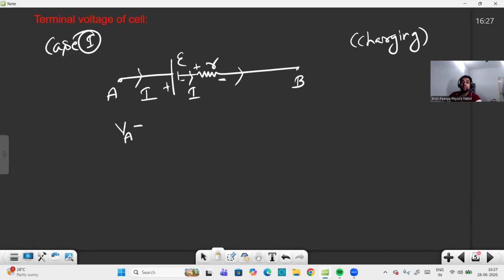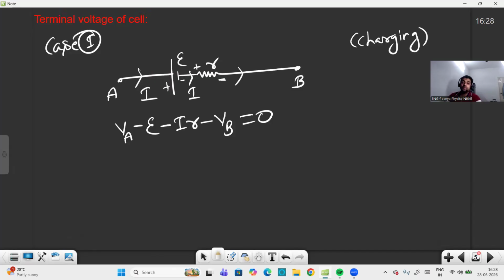Plus to minus, minus E, that is the E drop happening. Then plus to minus again, so minus, and how much drop will happen according to Ohm's law: I into R. So minus I into R. Then finally we write the potential till B, so minus VB equals 0. Between any 2 points in an electric circuit, if we have to write a potential difference, we always write like this only.